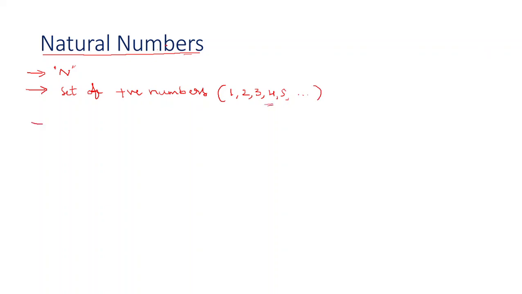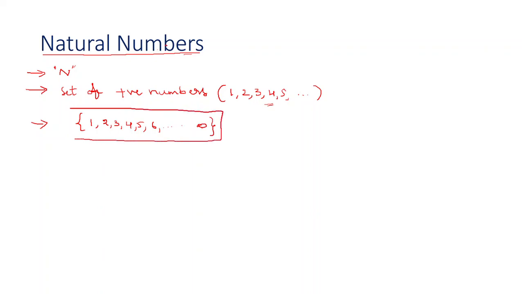So how can we write the natural number set? We can write it as 1, 2, 3, 4, 5, 6 and so on to infinity. This set is called the natural number set, and we denote it by the letter N.